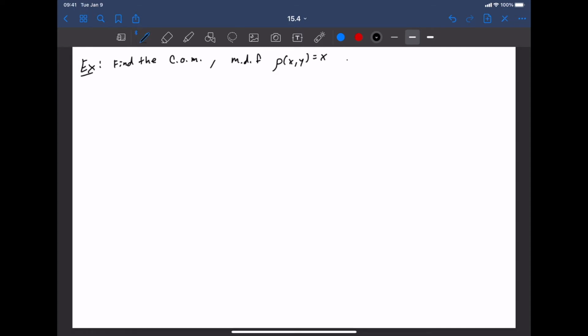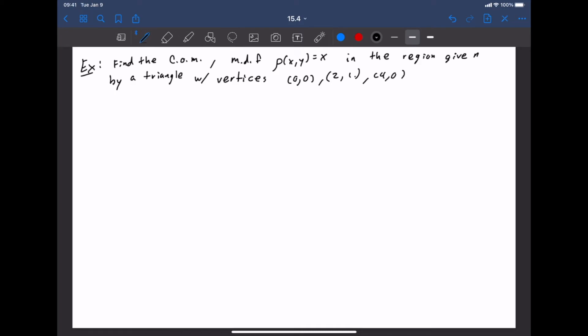In the region given by a triangle with vertices 0, 0, 2, 1, and 4, 0.